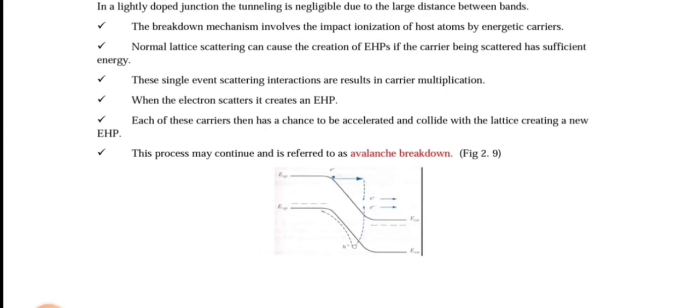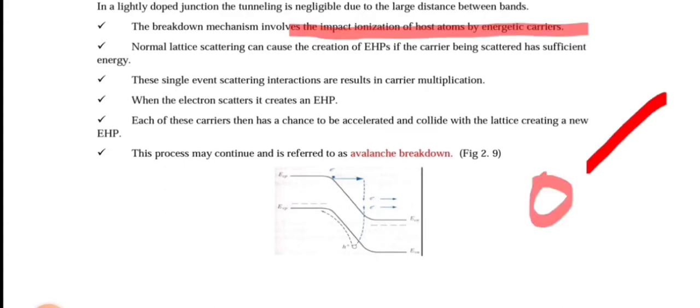In that case, the ionization is known as impact ionization, and it happens by collision between the carriers and the host atoms. So there is impact ionization of host atoms by energetic carriers, due to collision of electrons or holes with the host atom.